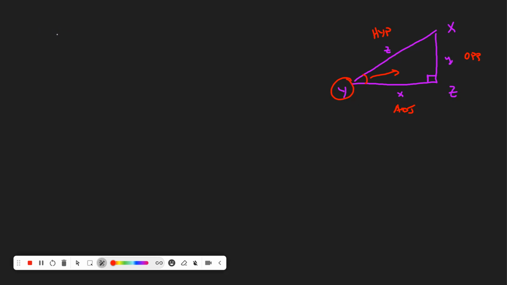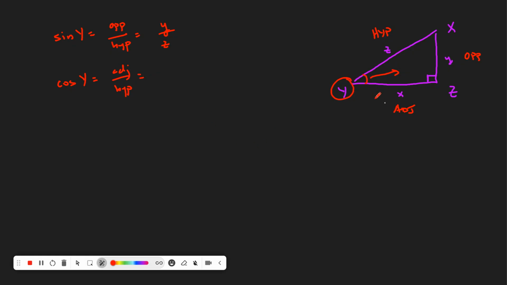Okay, so let's find the sine of y. Remember that sine is opposite over hypotenuse. So that would be opposite y over hypotenuse z. The cosine, lowercase cos, of y equals, by definition, the adjacent over the hypotenuse.